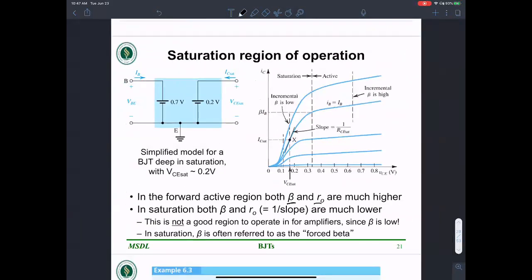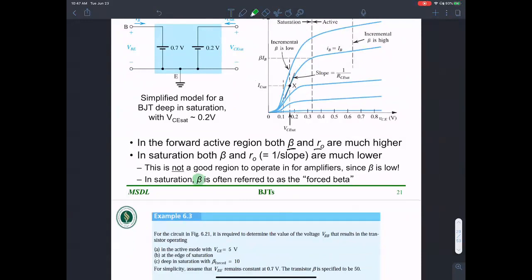So in saturation, let me write this out using this color. In saturation, if you look at IC as a ratio of IB, then you get beta in saturation. Beta in saturation, or the current gain factor in saturation, is really small compared to your beta in the active region.